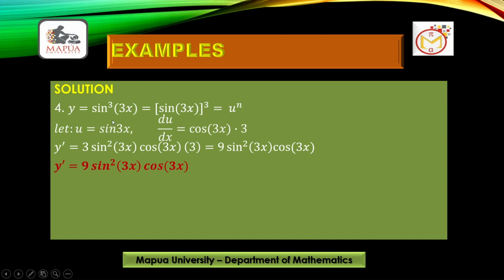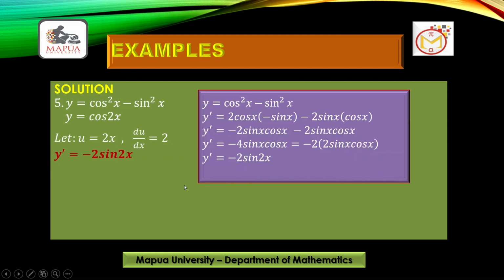The derivative of sine 3x is cosine 3x times the derivative of 3x, which is 3. Therefore, the derivative y prime is, by power rule, bring down the power 3 and less 1 from the exponent, so this is sine squared, multiplied by the derivative of u, which is cosine 3x times 3. Simplifying, we multiply the 3 and 3, so we have 9 sine squared of 3x and cosine of 3x. This is our answer to that function.